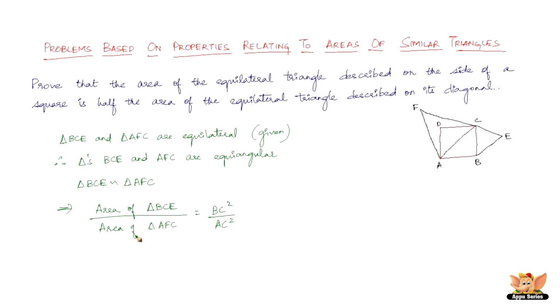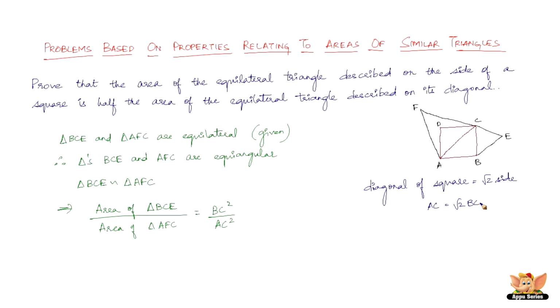Now another important property that you have to know here is, ABCD is a square, right? So the diagonal of a square is what? The diagonal of a square is nothing but root 2 multiplied by its side. So let me show that. Diagonal of a square is equal to root 2 into side. In this case, AC is the diagonal, so let us write AC equals root 2 into one of its sides.